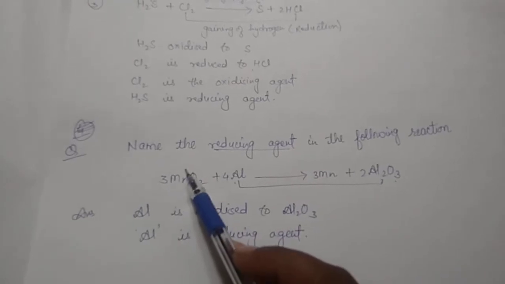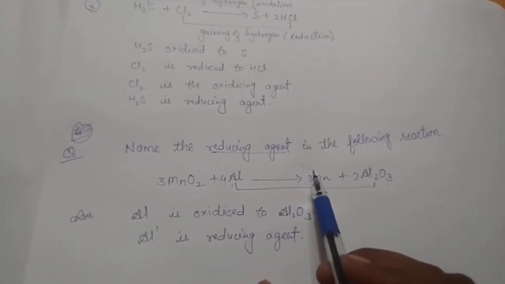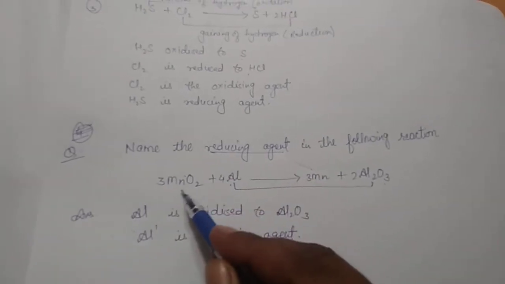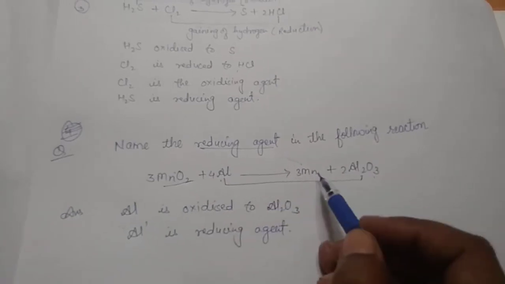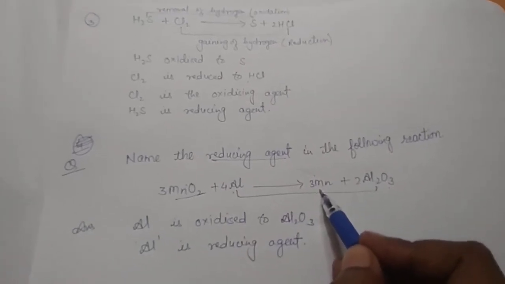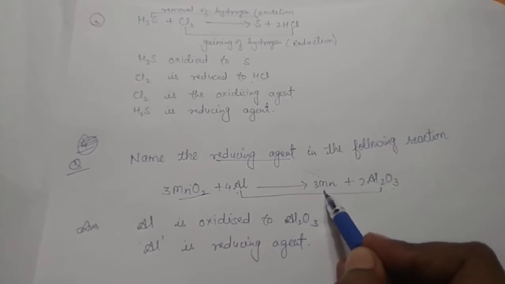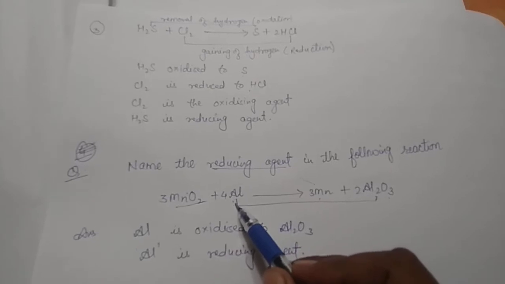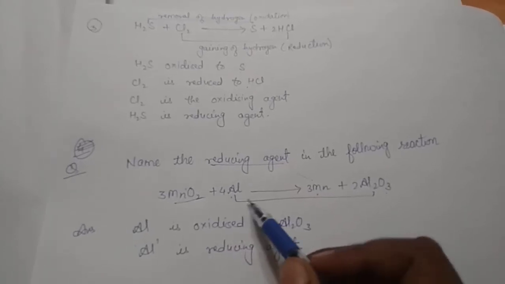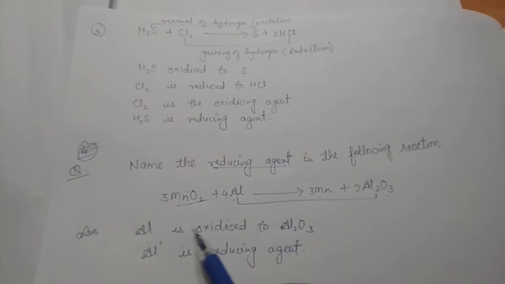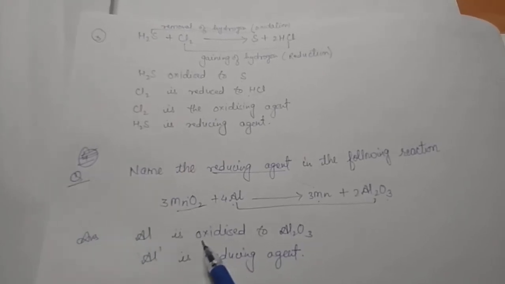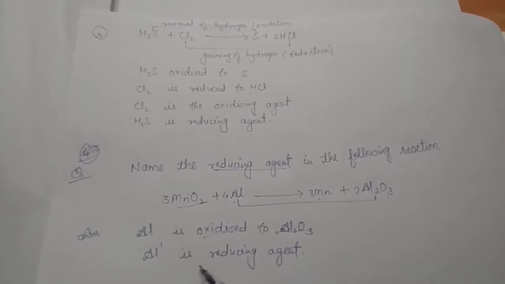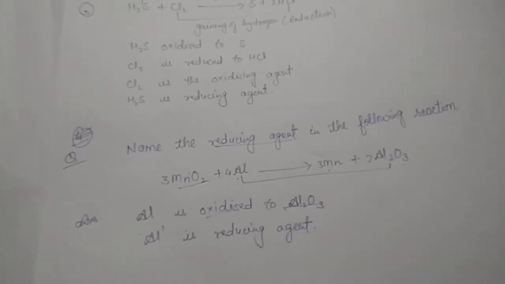In manganese dioxide to manganese, there is a removal of oxygen, so reduction has taken place, and aluminium is oxidized to Al2O3. So the substance which gets oxidized will be the reducing agent. So aluminium is the reducing agent. Clear, children?